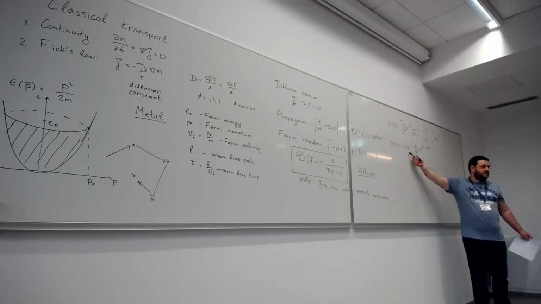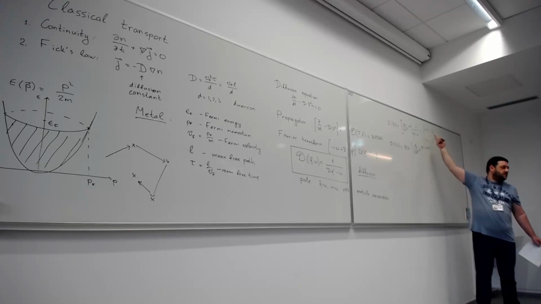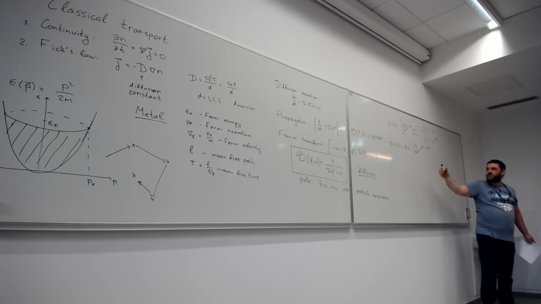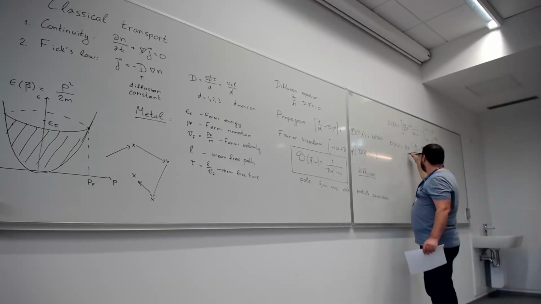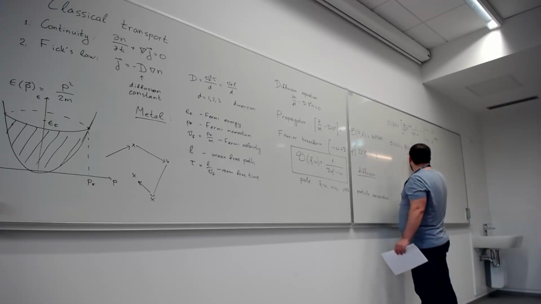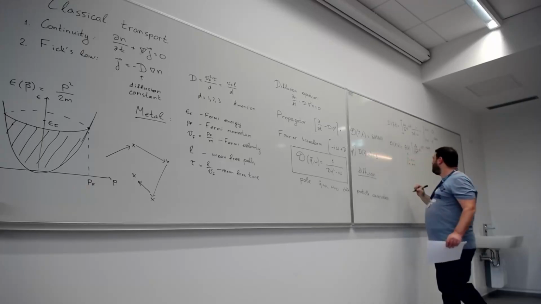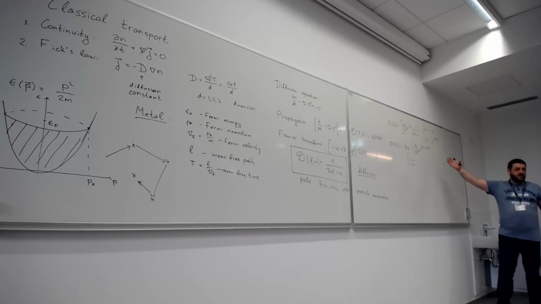And this is multiplied by a theta function of time, which means that it's 0 for negative time. So this thing is 1 for positive time and 0 for negative time.